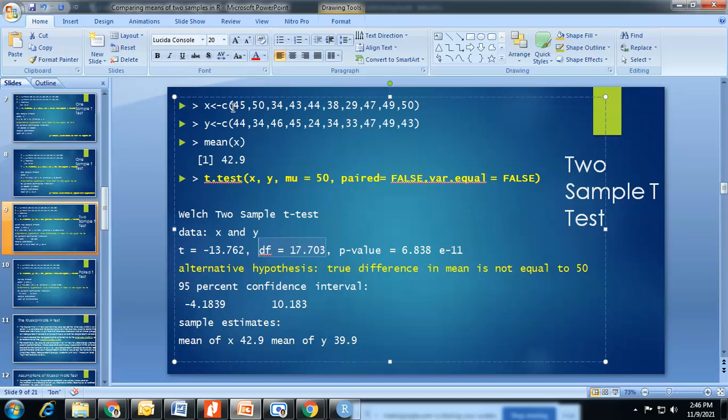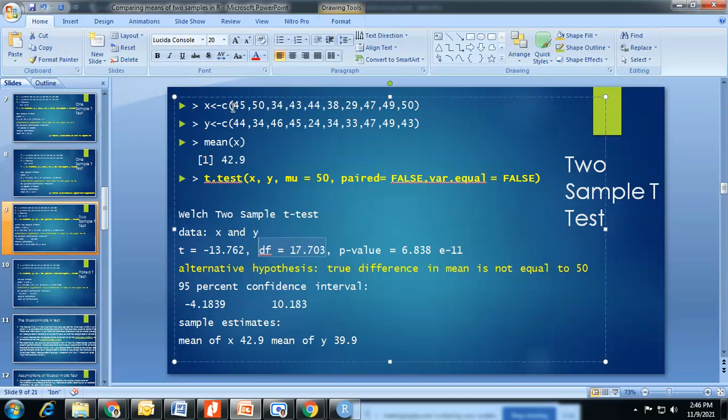It takes some value calculated by the software, but surely it is less than n minus 1. In this case it is 17.70, so if we round up, it is 18. And the p value is 6.838 e raised to minus 11.